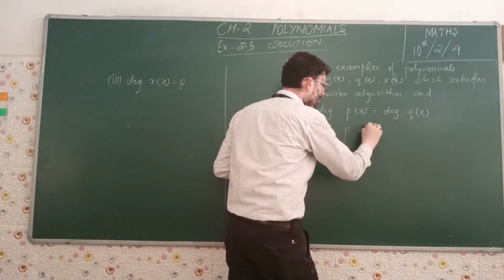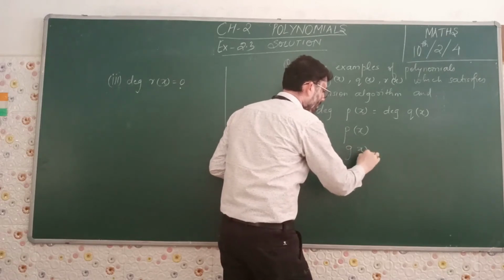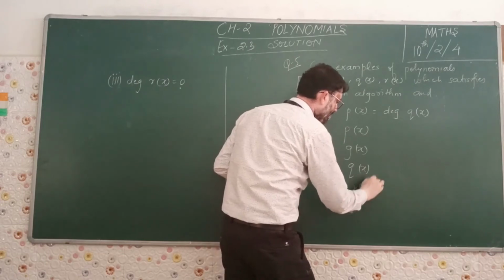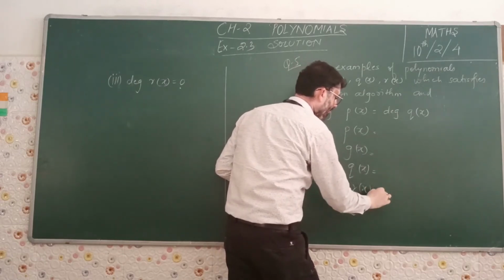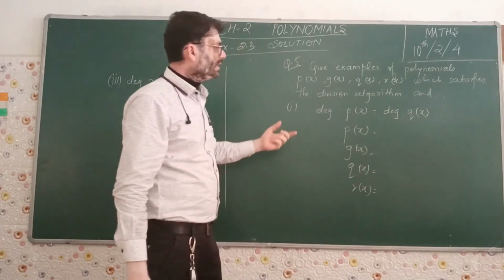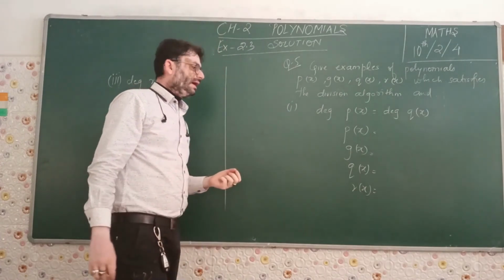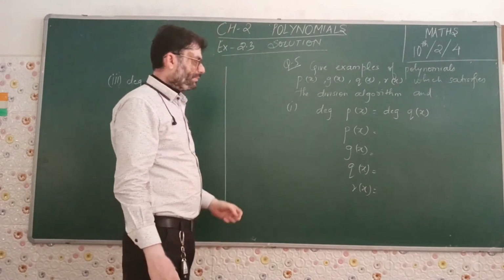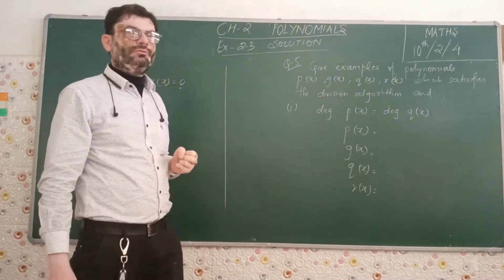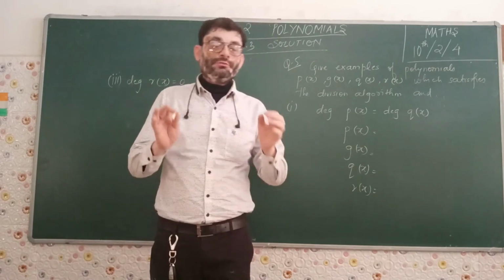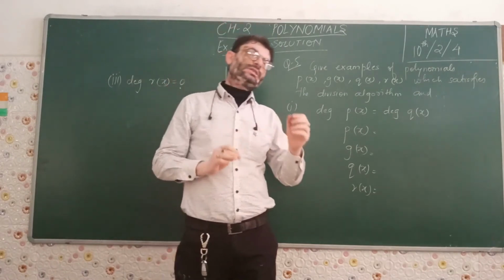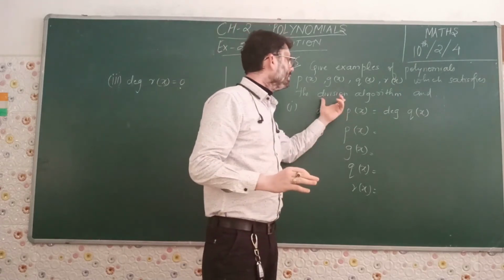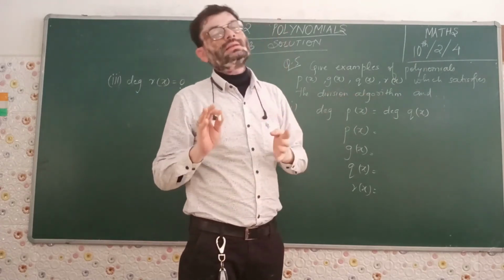We need to find 4 polynomials with the condition that degree of p of x is equal to degree of q of x, and it should also satisfy the division algorithm. We can take any polynomial we want, but let us try out with smaller degrees, because if we move on to the higher degrees, it would be difficult for us to show that division algorithm is satisfied.